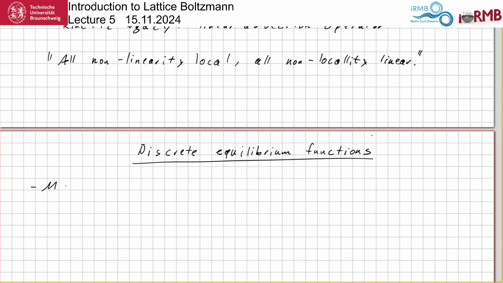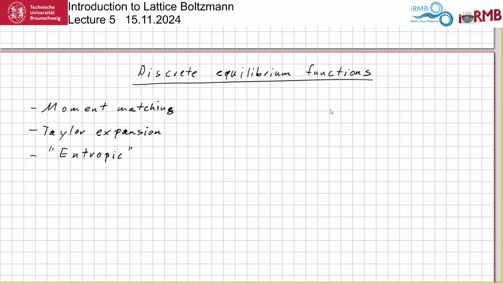Even for BGK, you have different options, and by the way, you have other options than BGK. The options we are talking about today are moment matching, Taylor expansion, and, in quotes, entropic. These are the ones we're going to talk about.